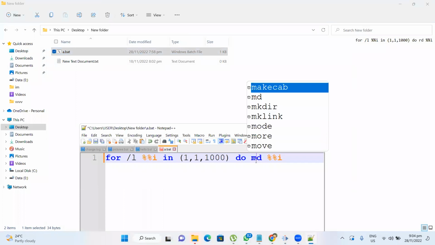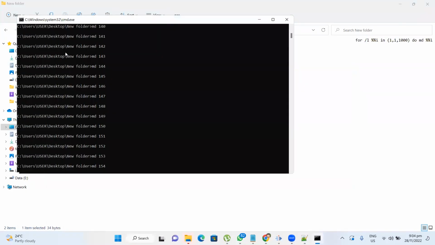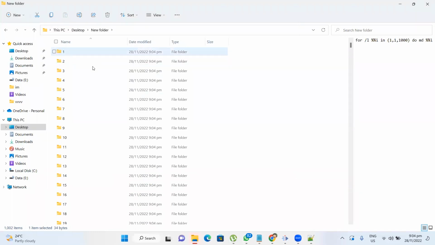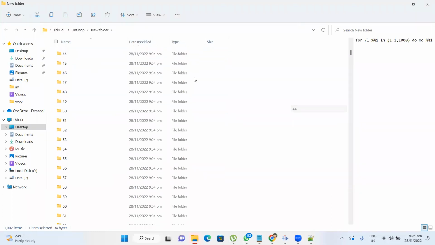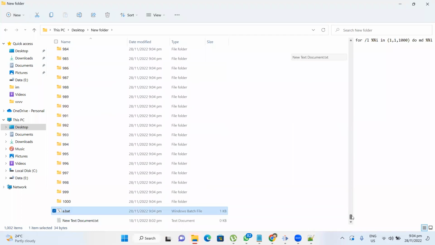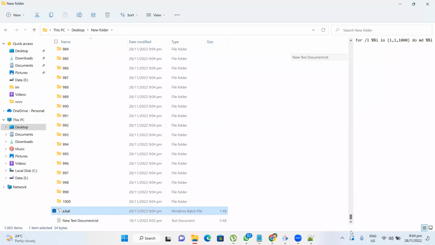See the power of programming. Then I'm double clicking and showing my friend. See, it will create 1,000 folders instantly. Amazing, right? Because we can instruct the computer to do something using programming.